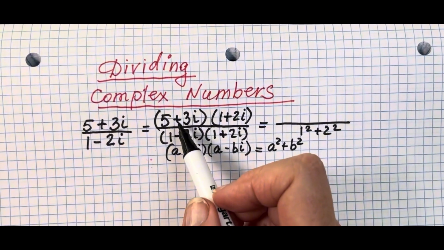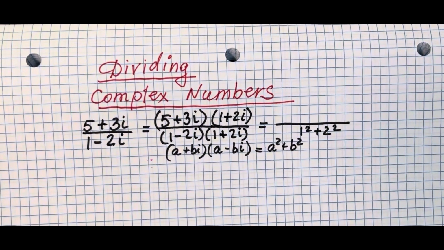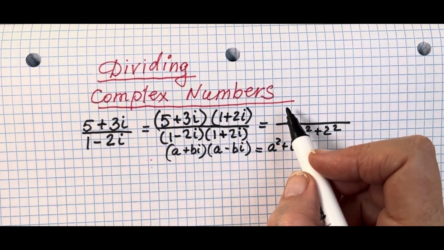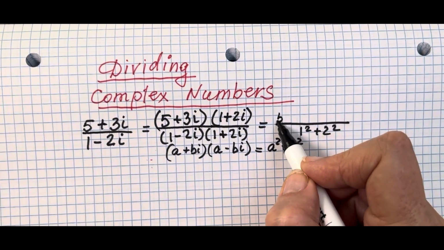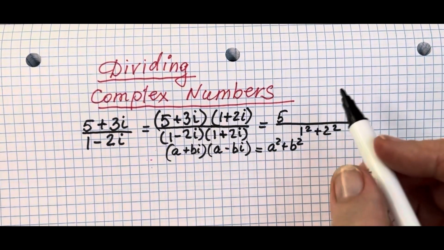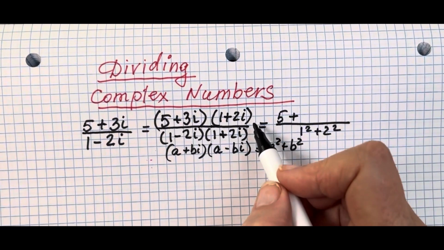So in the numerator, we're just doing FOIL, multiplying two binomials. In this case, we will have 5, so you can FOIL it, 5 plus 10i.